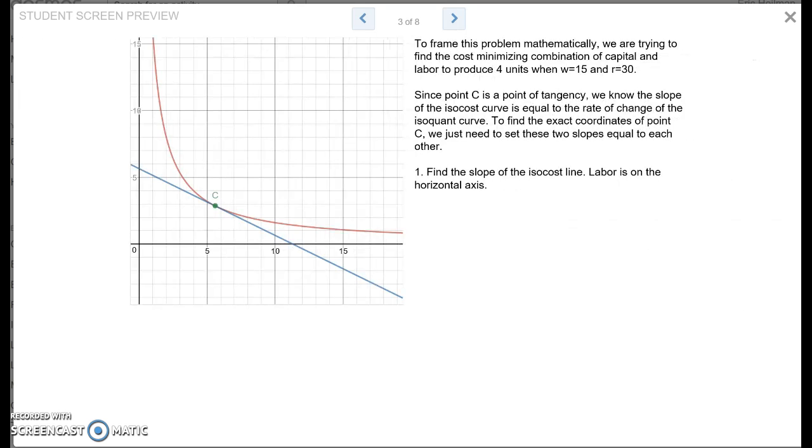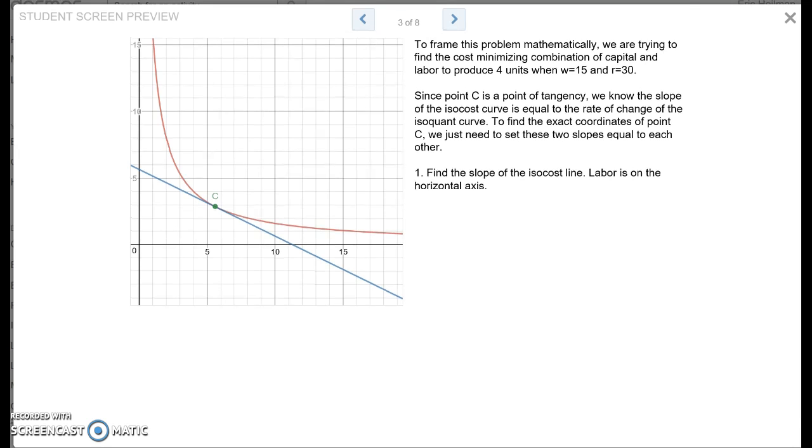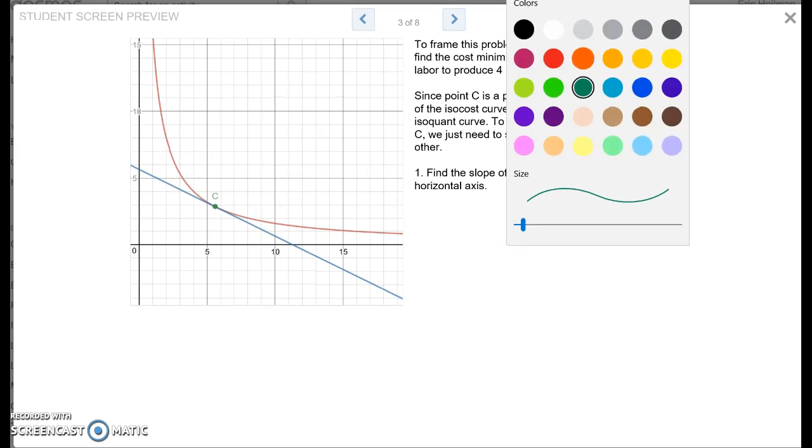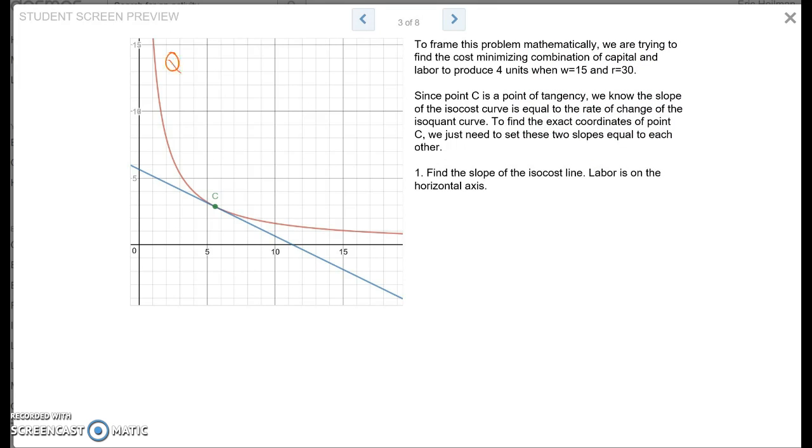We need some more numbers in order to make this example work. In this example, the output level is 4, so we want to produce 4 units. The wage rate is $15.